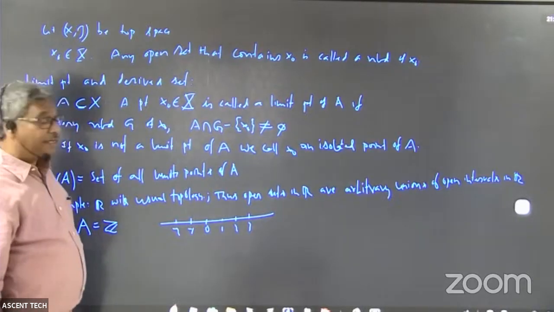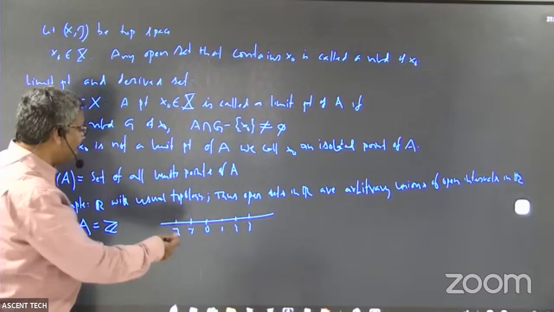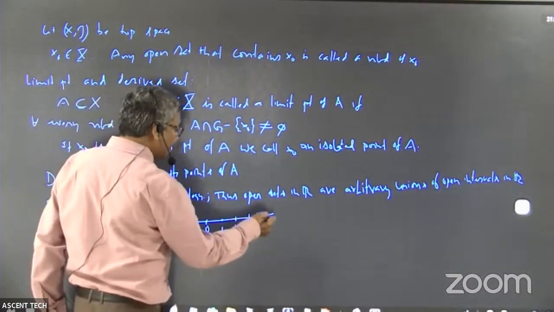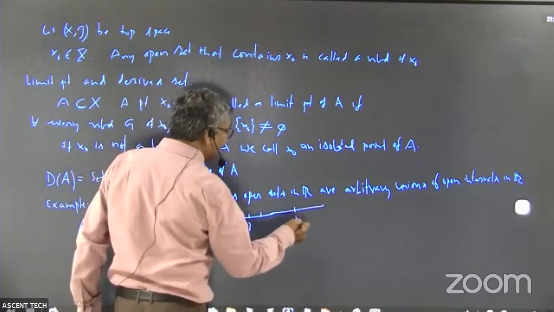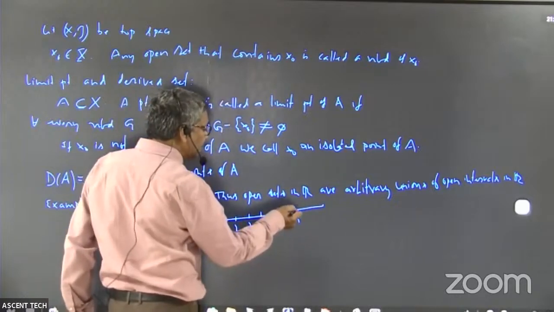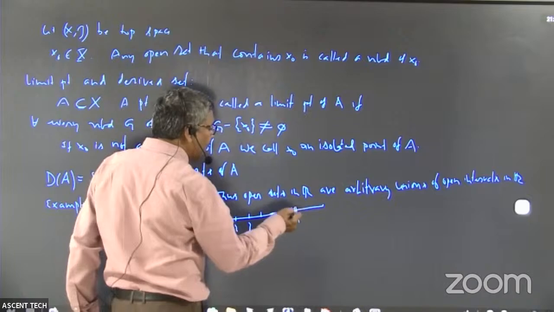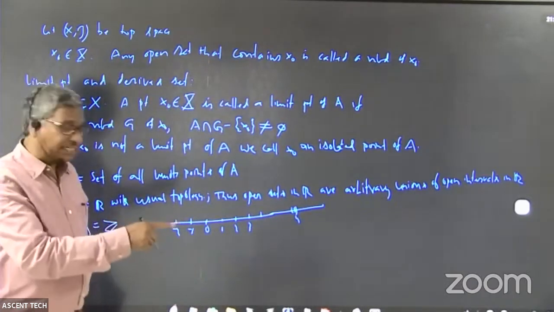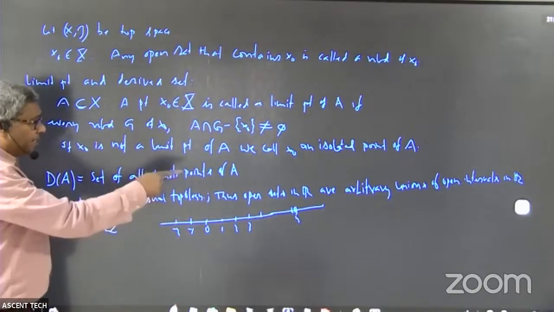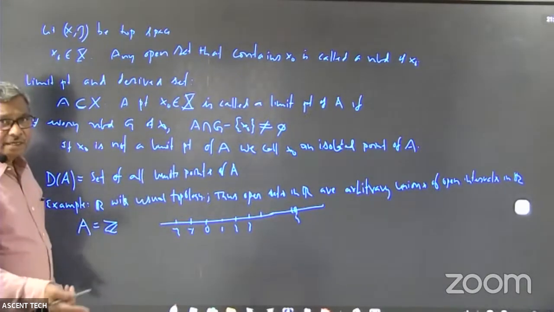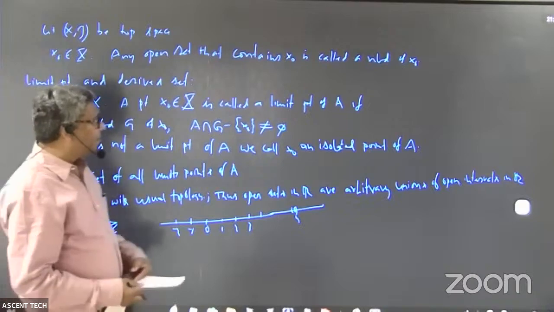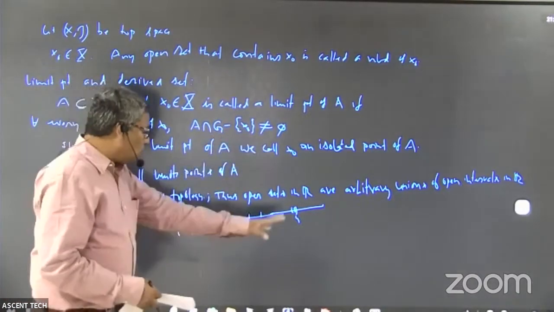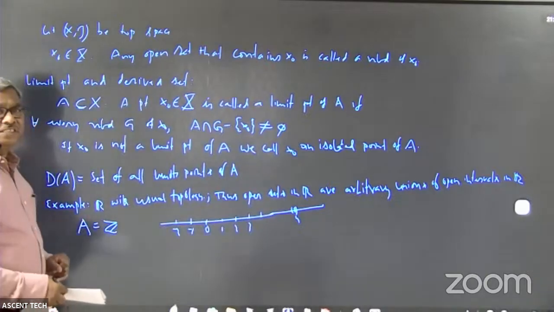You will notice that no matter what point n in Z I take, I can draw a circle with radius 1/2 only, which contains that n. But that circle intersection A, if I remove the n, there is nothing. It's an empty set. I want that A intersection G minus x naught should be non-empty. So no integer will be a limit point of this set Z.